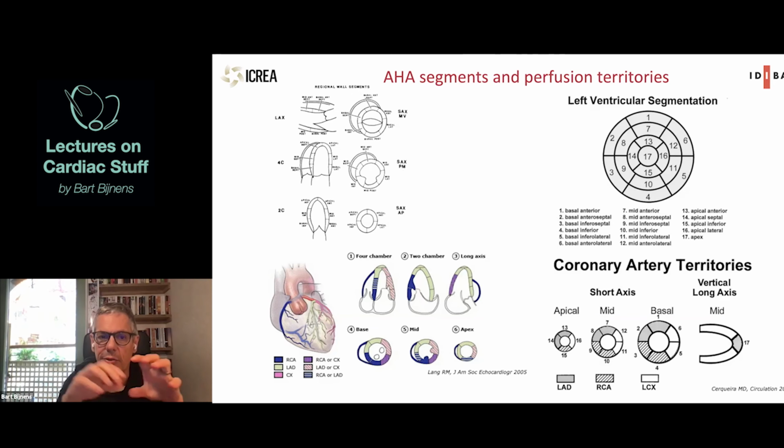So there is an intrinsic fuzziness in this segmentation, which in clinical practice is very often compensated by the way the echocardiographer or cardiologist does the reporting. While if you do everything automated, you cannot do that. So this is a big discrepancy, and when you're a researcher in this field, you have to take it into account.